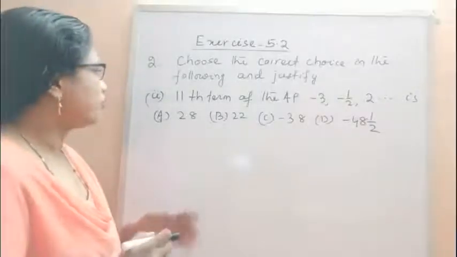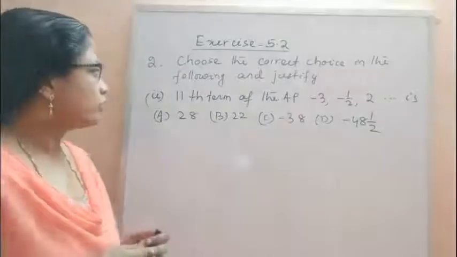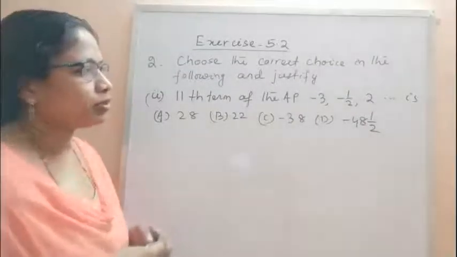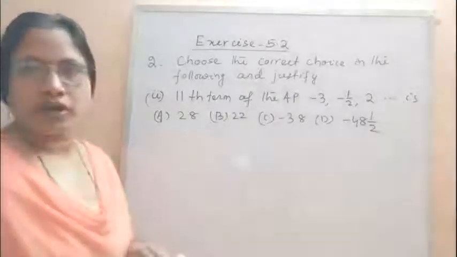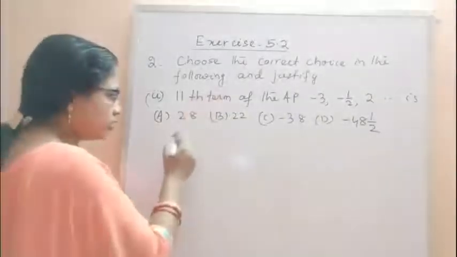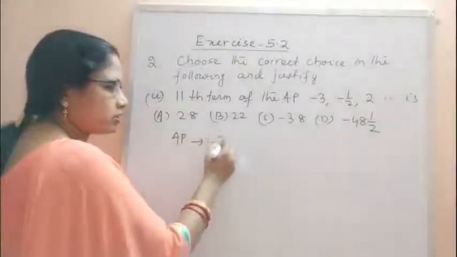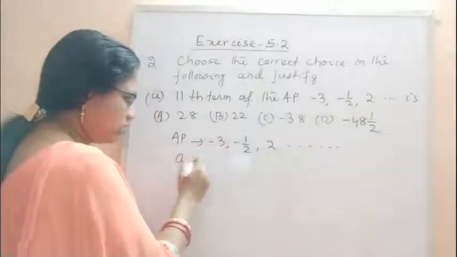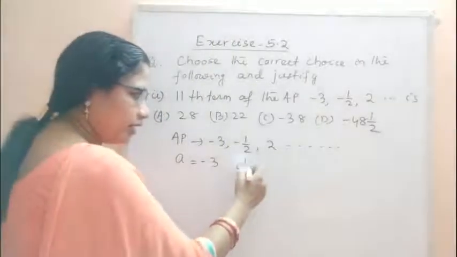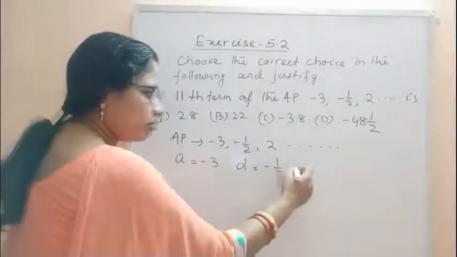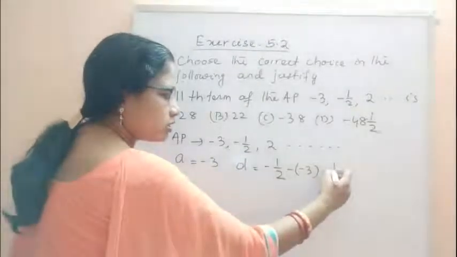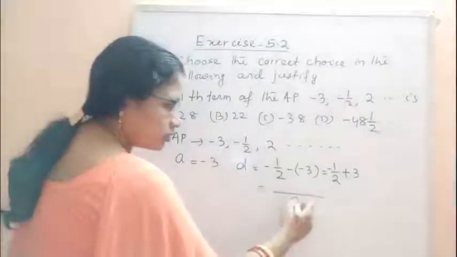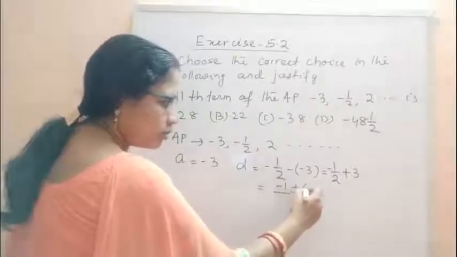So let us solve bit 2 of question number 2. The 11th term of the AP minus 3, minus 1 by 2, 2 is dash. We have to find the answer. So here the AP is minus 3, minus 1 by 2, 2 and so on. So here a is minus 3 and d is minus 1 by 2 minus of minus 3. So this is equal to minus 1 by 2 plus 3, which is equal to minus 1 plus 6 by 2.